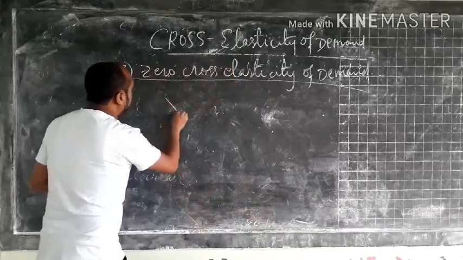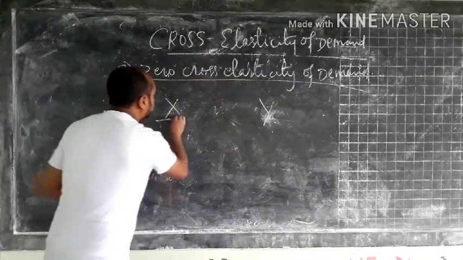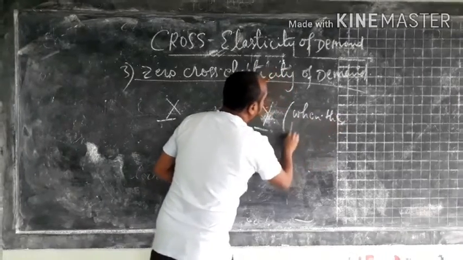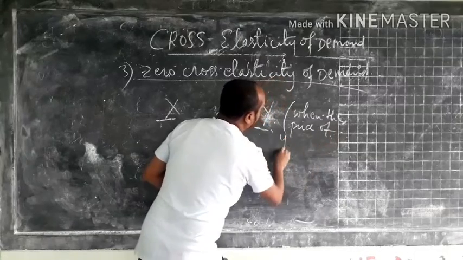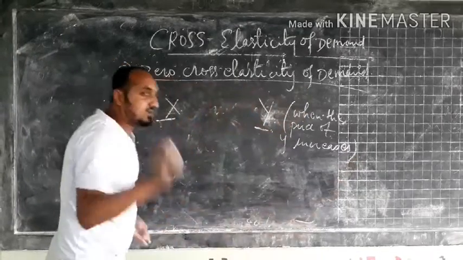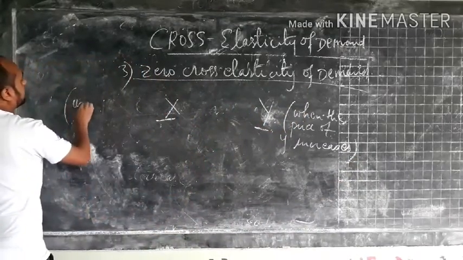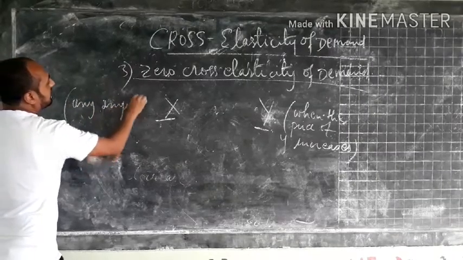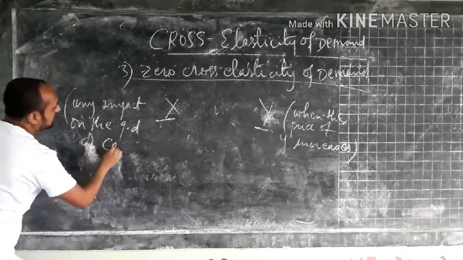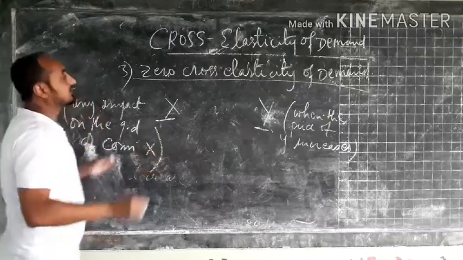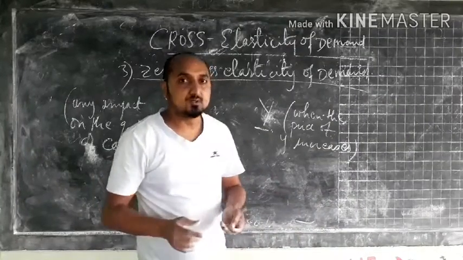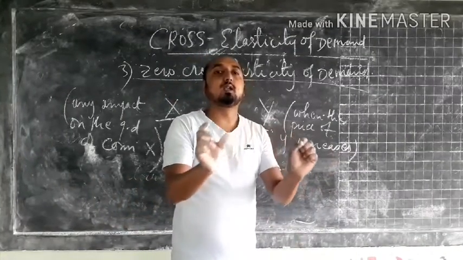Suppose two goods are there, X and Y. When the price of Y increases, and if it does not have any impact on the quantity demanded of commodity X, then that concept is called zero cross elasticity of demand, and this happens when two goods are not related to each other.